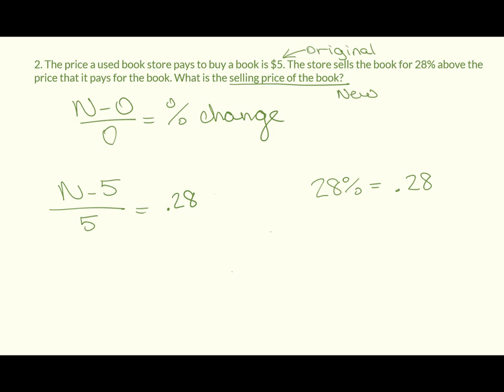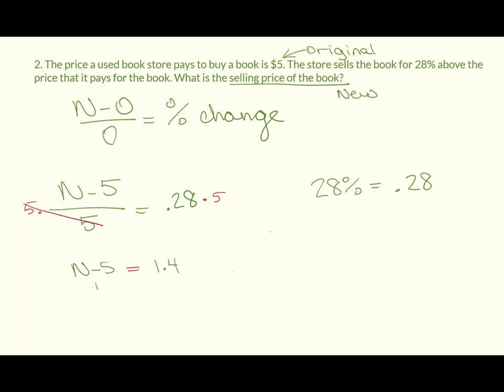Now I'm just going to multiply. So I've got 5 times 0.28. I'm multiplying 5 by both sides here, so that would cancel out, and I would get n minus 5 equals 1.4.